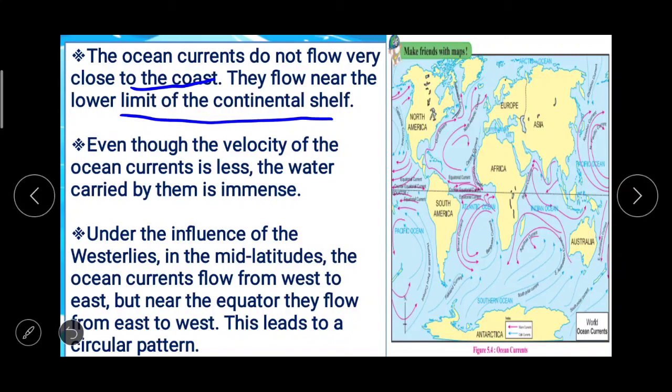Under the influence of the westerlies, in the mid latitudes, the ocean currents flow from west to east, but near the equator they flow from east to west, and this leads to a circular pattern. For that you can observe the figure 5.4.